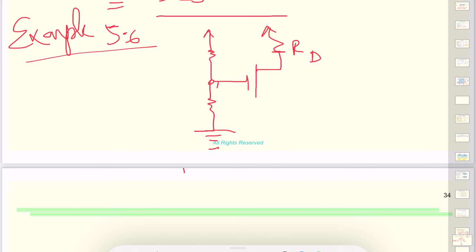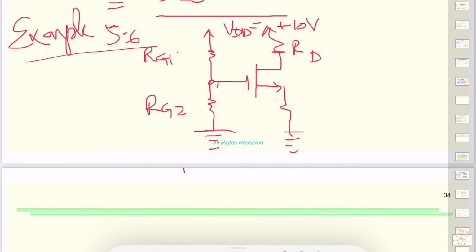The same power supply is on the drain, and the same one is on the voltage divider on the gate side. So RG1, RG2, and VDD is plus 10 volt, which is powering the drain resistance as well as the resistance network on the gate side.